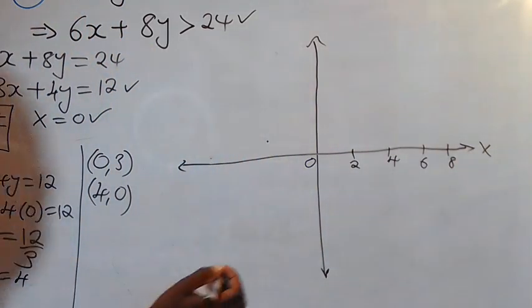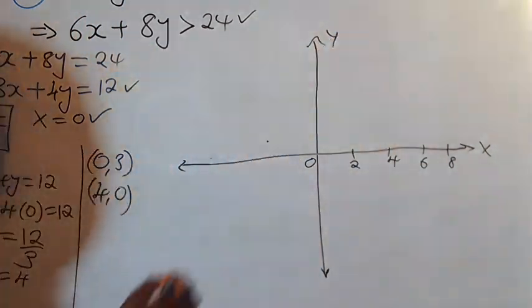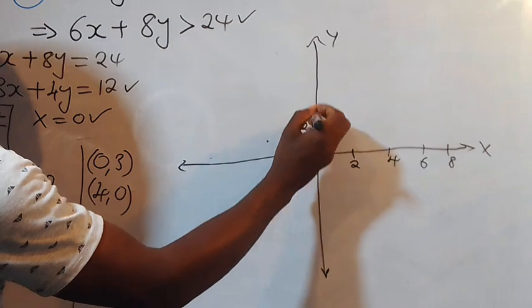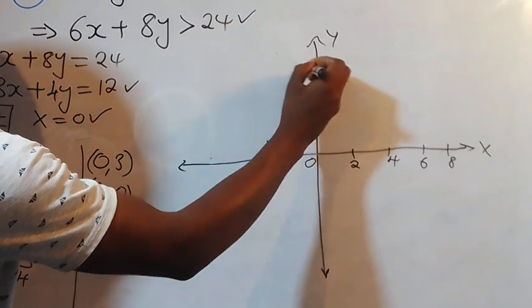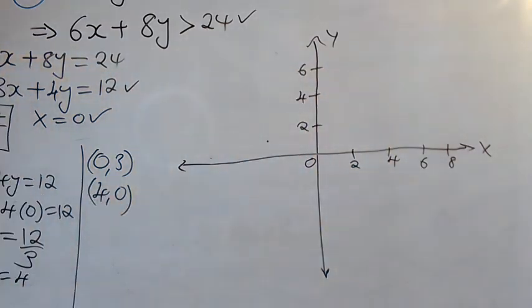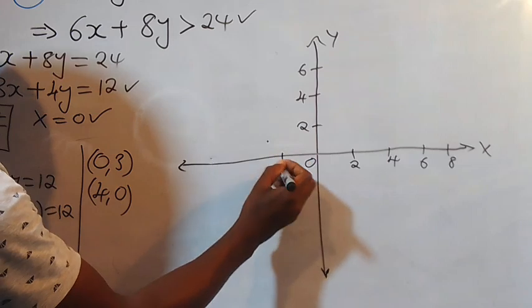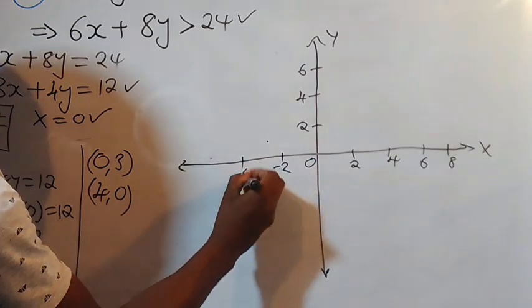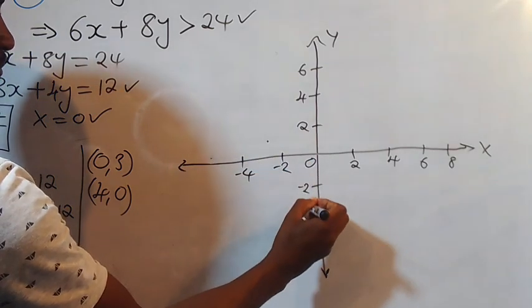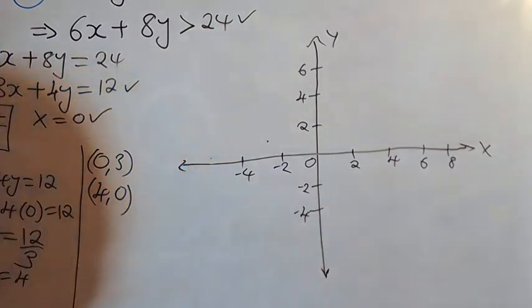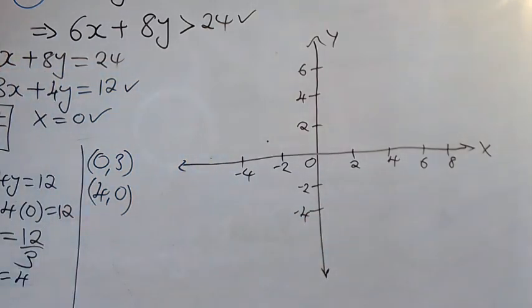And this is the y-axis. So this is 2, this is 4, this is 6, and then just for the sake of the negative part. Now, don't worry about these numbers I'm putting there, but you can normally come up with the graph just looking at the numbers that we have.